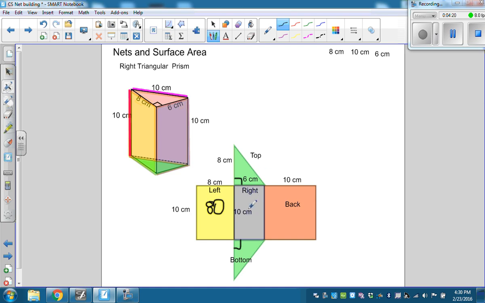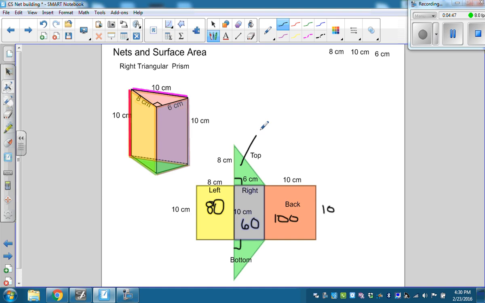The right side is a 6 by 10, so that's 60 square centimeters. And the back is a 10 by 10, because this is also 10 units here. So that's 100 square centimeters.